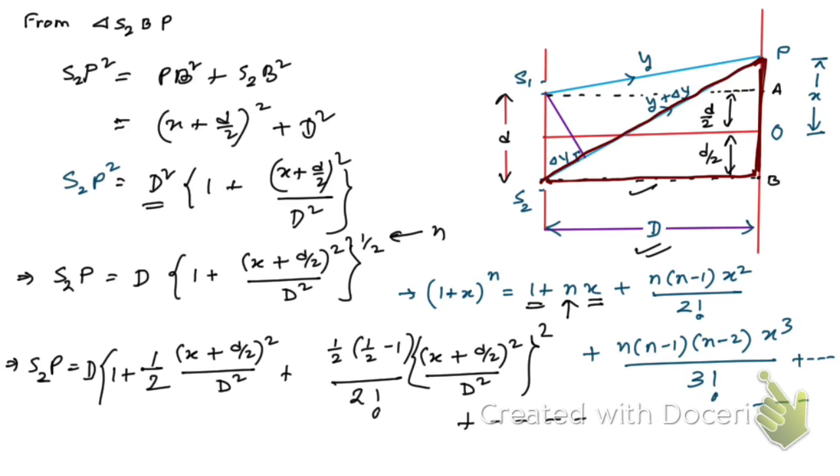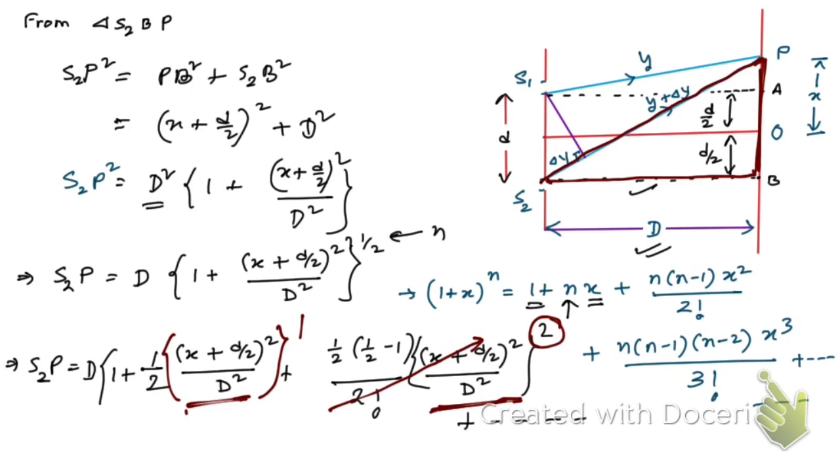But here you see these terms with higher power on this. Here we have taken this term, and power on this term is 1, and here it is 2, and in the next term the power on this term will be 3. We're gonna neglect higher powers on this term, this x plus d by 2 by d square.